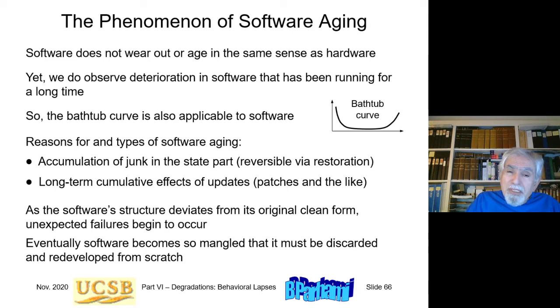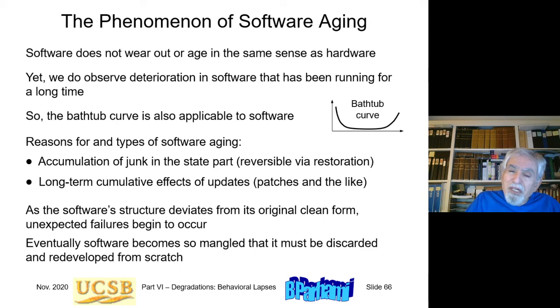Okay, there's also a second mechanism for aging, and that's the cumulative effect of updates, patches, and the like. As you use a software, from time to time, patches are issued, and you implement those patches. And those patches sort of fix the immediate problem, but they may create other problems.